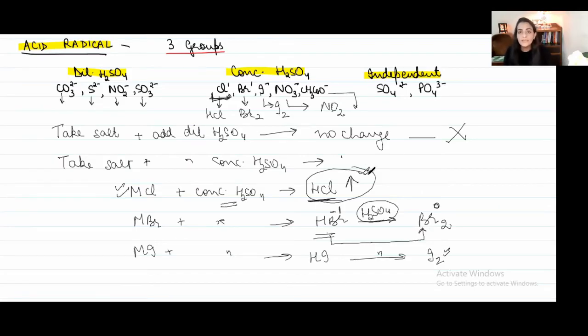Remember, chlorine gas is a yellowish green gas, but the gas that we observe is colorless. The metal bromide gives bromine, which is reddish brown, and this is iodine vapor. So this is how we differentiate between chloride, bromide, and iodide.